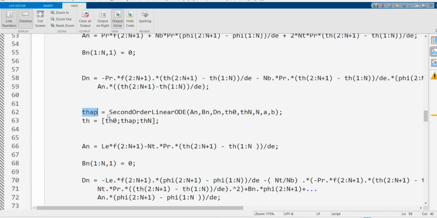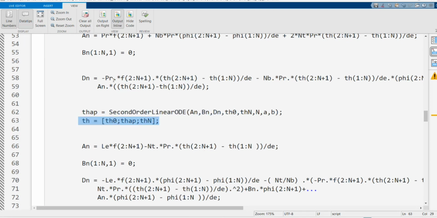Again, the function file has been used. I will show you this second order linear ODE file. Then we have this boundary over here and this boundary over here, and you get theta from this function file. Now the solution has been computed from here.